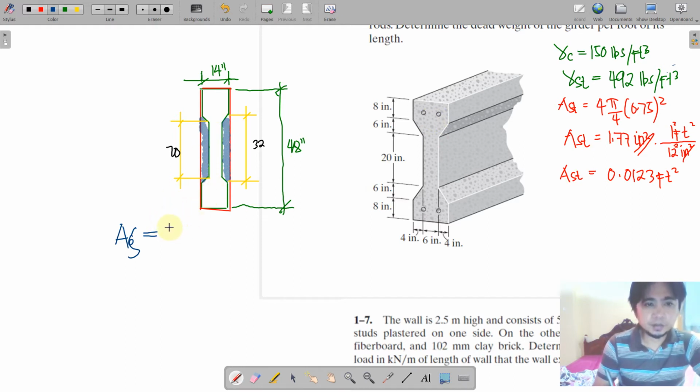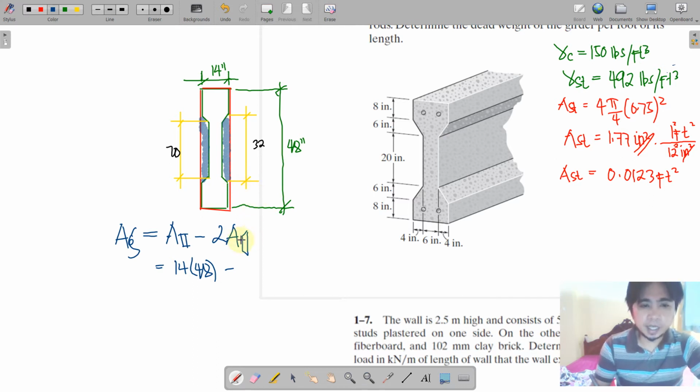So we have the area of the rectangle less two areas of the trapezoid. The area for the rectangle is 14 by 48 if we look at the figure here, and then the trapezoid is given by the formula b1 plus b2 over 2 times the height.